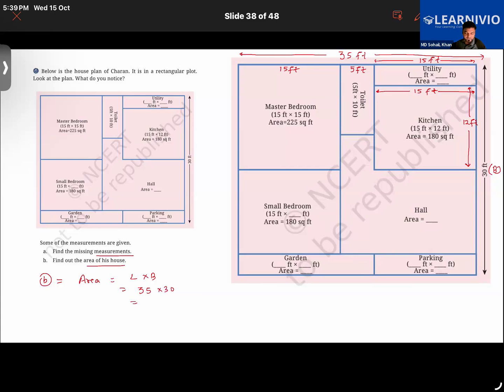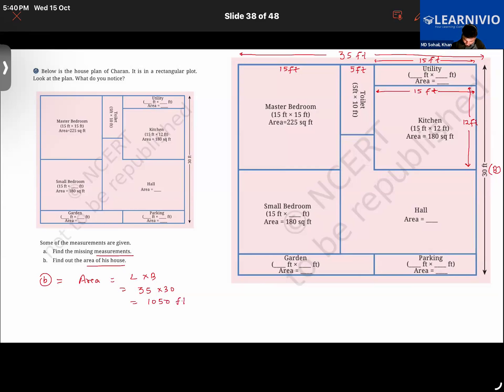Let's multiply it quickly. 35 into 3 is 105, and so you put the zero here.